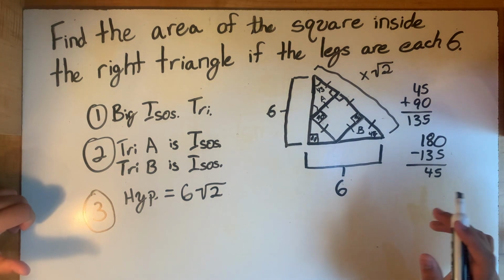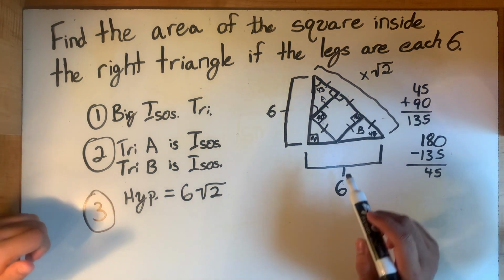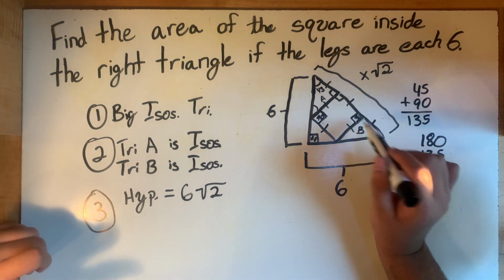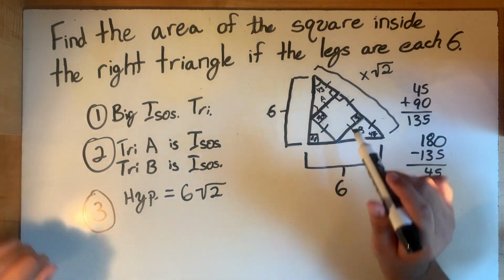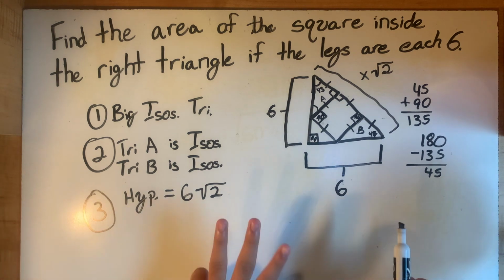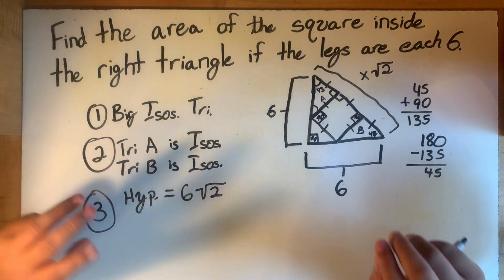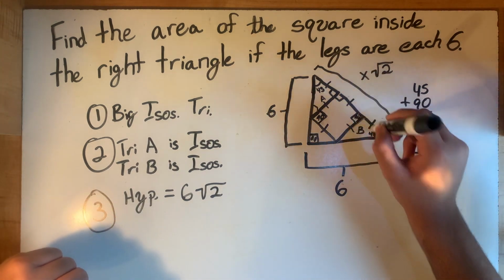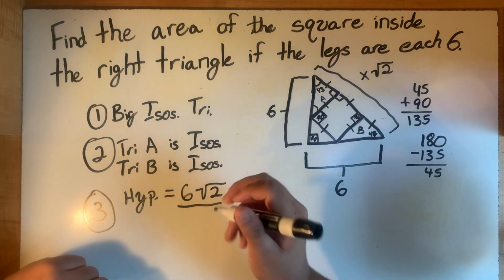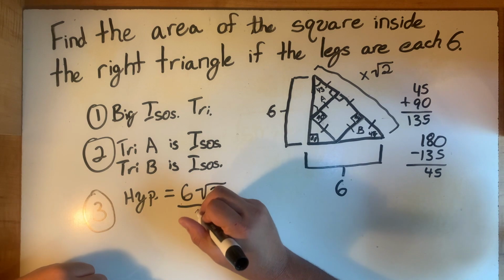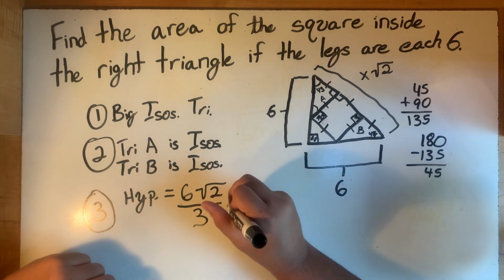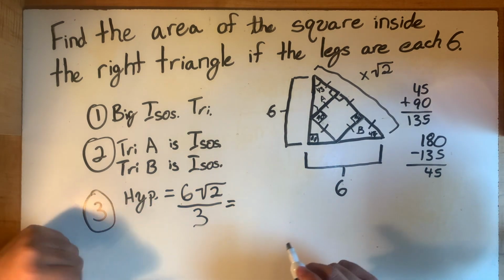As I mentioned a couple of seconds earlier, these are all equal to each other. We've broken down this hypotenuse into thirds, which means we can divide this number by 3 to find each single length. So 6 times the square root of 2 over 3 is equal to what? I'll give you a couple seconds.